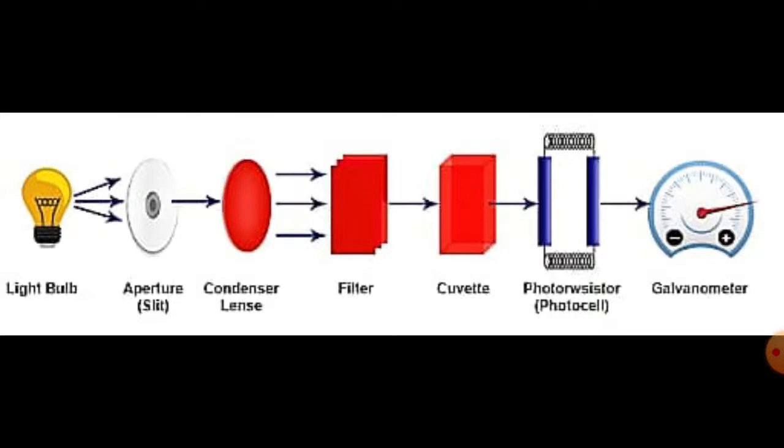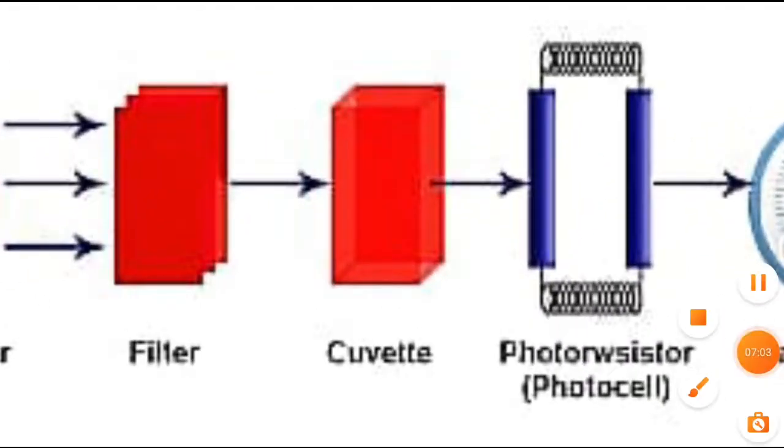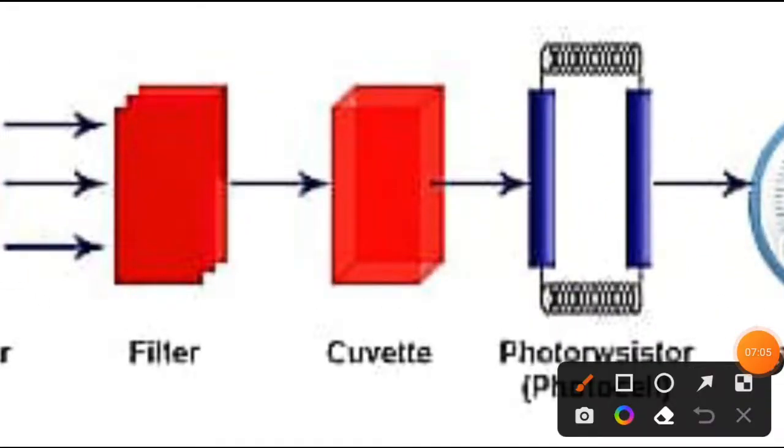Now try to understand: if the intensity of the light entering the cuvette is I0, then can I say that the intensity of the light passing out of the cuvette will be I?